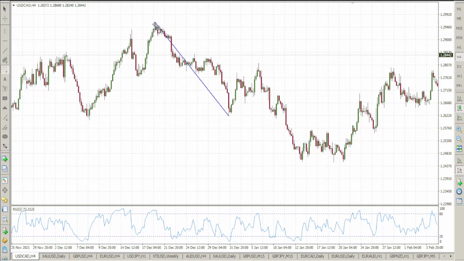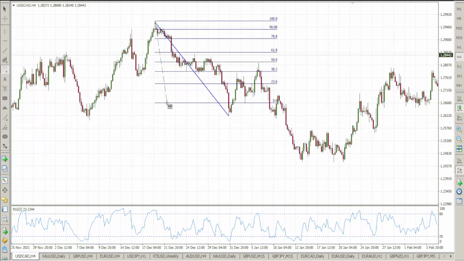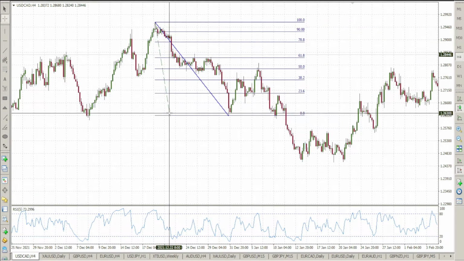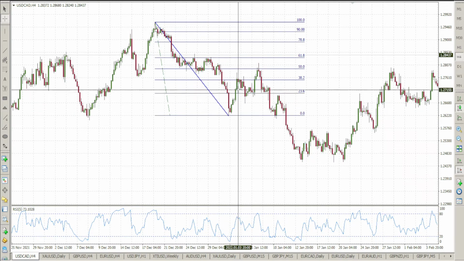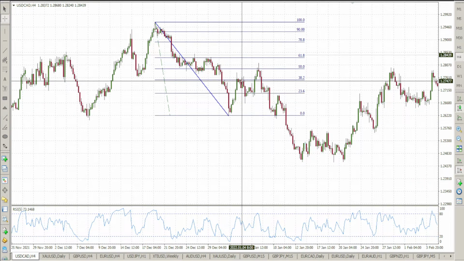Now, let's suppose the market fell from a certain level in a downward trend, let's say from here the market dropped. When it dropped and started to go back up, at this point we need to grab Fibonacci. Usually it's right here in the drawing panel, in the toolbox.